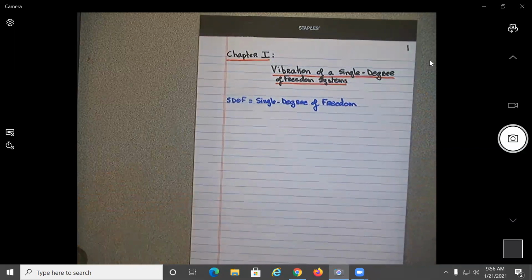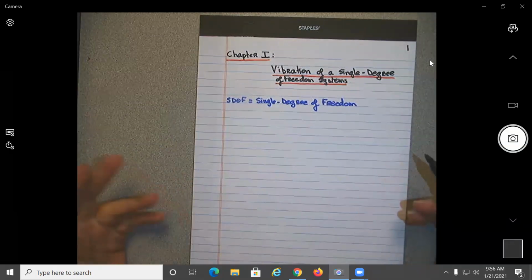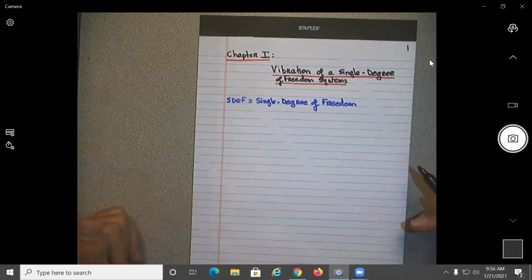Okay, so at the beginning of this chapter, I'm going to start with what I think is the most important part of these vibrations, and it's the part that is generally the most overlooked, because to solve vibration is to solve one differential equation. And once you know how to solve a differential equation, you always solve it the same way, and it's not that difficult.